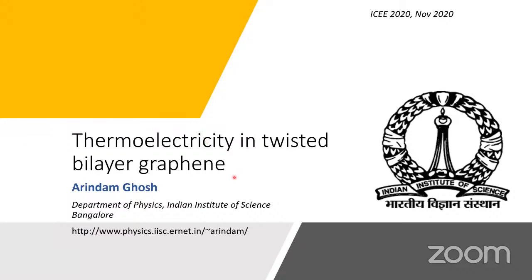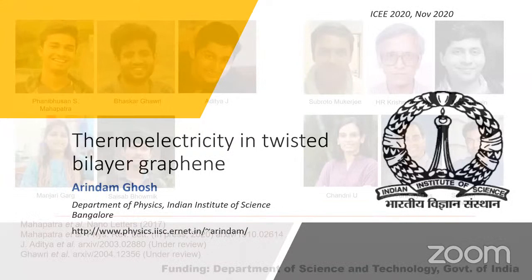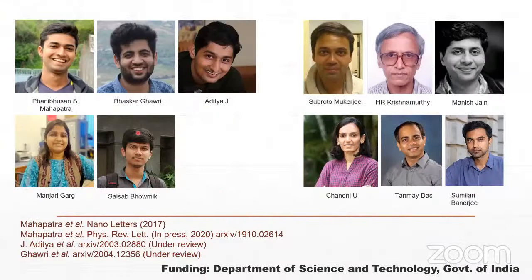Right. So before we get started, let me acknowledge the people who have been involved in it. These 5 people on the left are actively working in various aspects of twisted bilayer graphene. Fani has finished PhD, Bhaskar and Aditya just finished, Bhaskar will be finishing, Manjari is the postdoc, and Sheshav just joined the group.